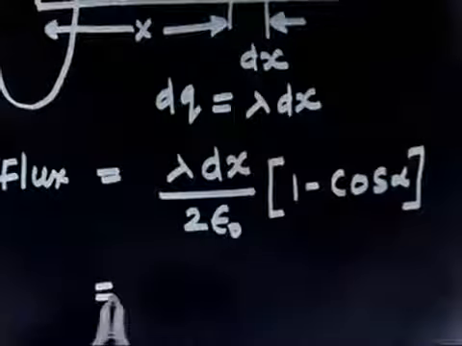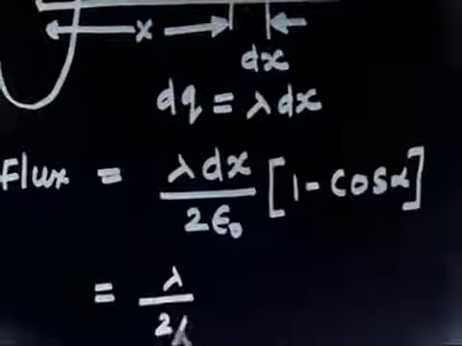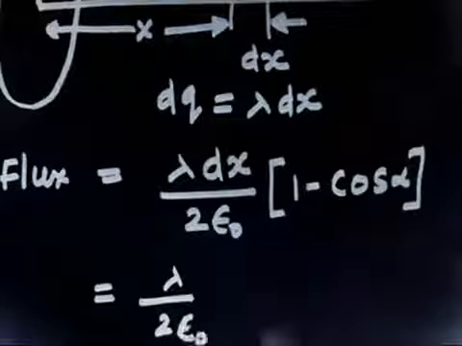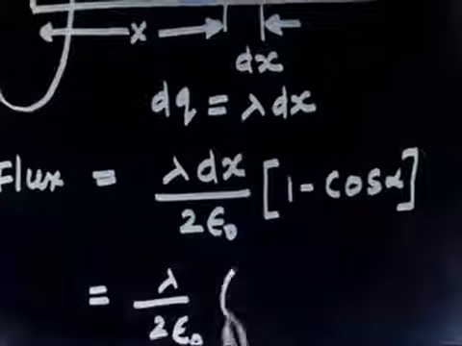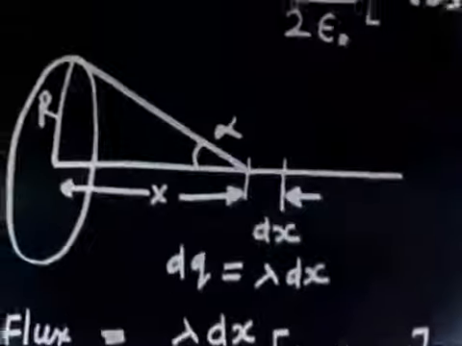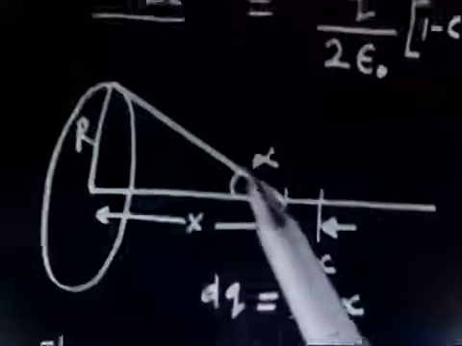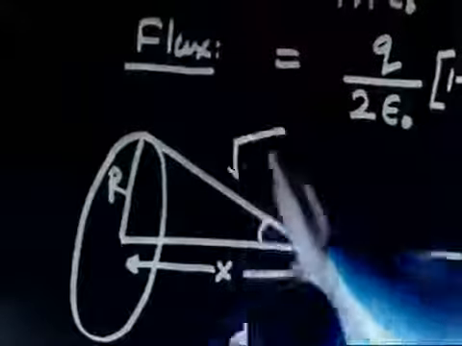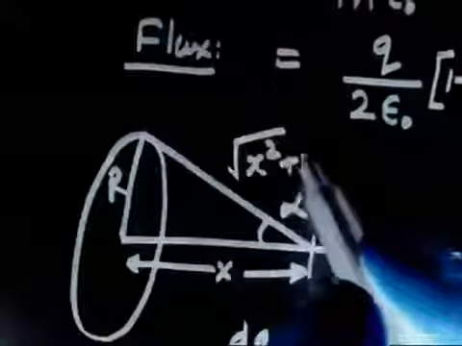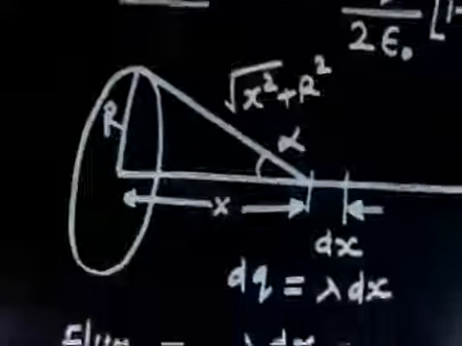So let us say this is lambda by 2 epsilon naught and 1 minus cos alpha. So I will have 1, and cos alpha is what? Cos alpha is nothing but x divided by under root r square plus x square.